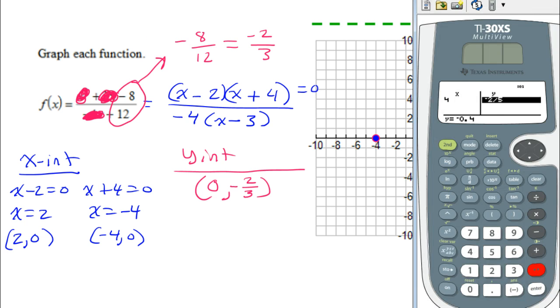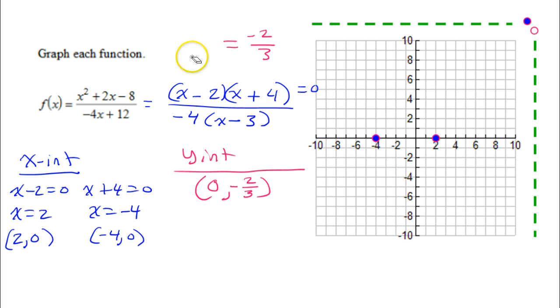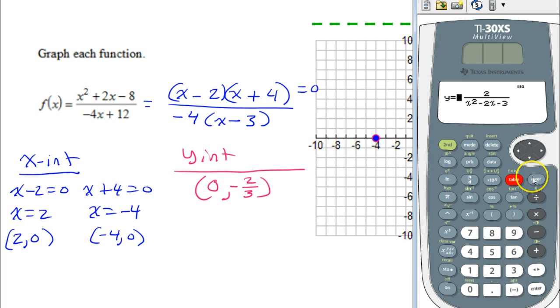Okay, now if that blew your mind and you were like, what is he talking about? Then you could always just put it in your calculator. So let's see. We have x squared plus 2x minus 8, and we have negative 4x plus 12.